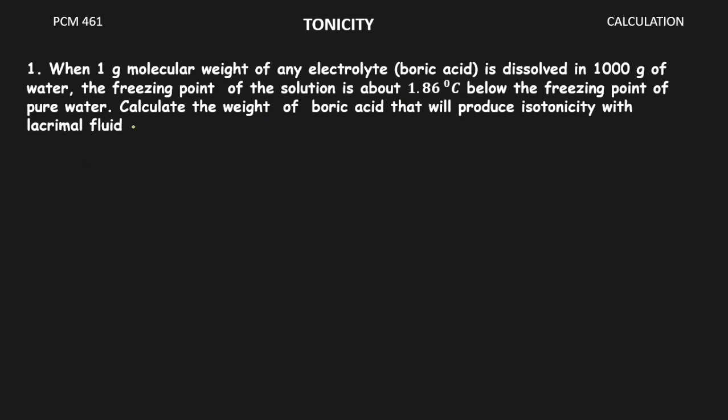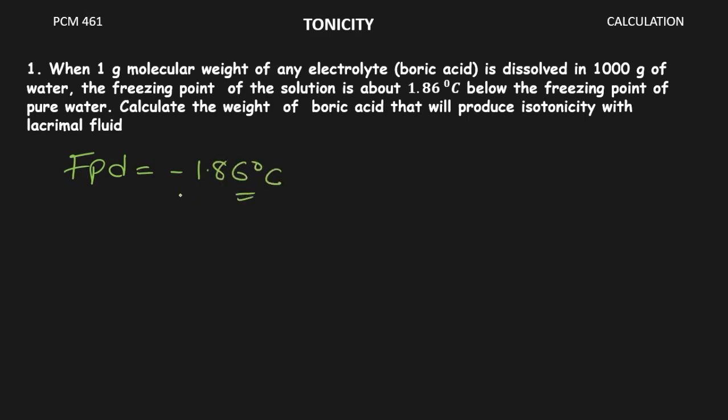So it means that when you put in 1 gram molecular weight of any electrolyte into 1000 gram of water, there is a freezing point depression. Let me just put freezing point depression, right? What would the freezing point depression be said to be? Minus 1.86 degrees Celsius.